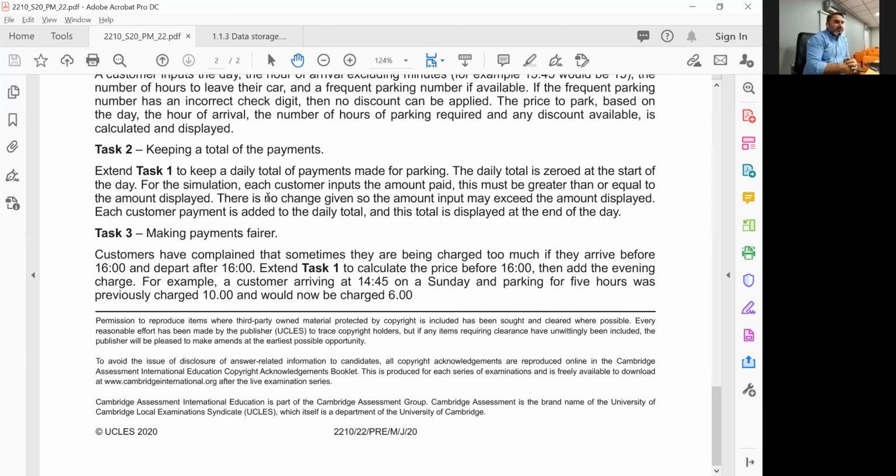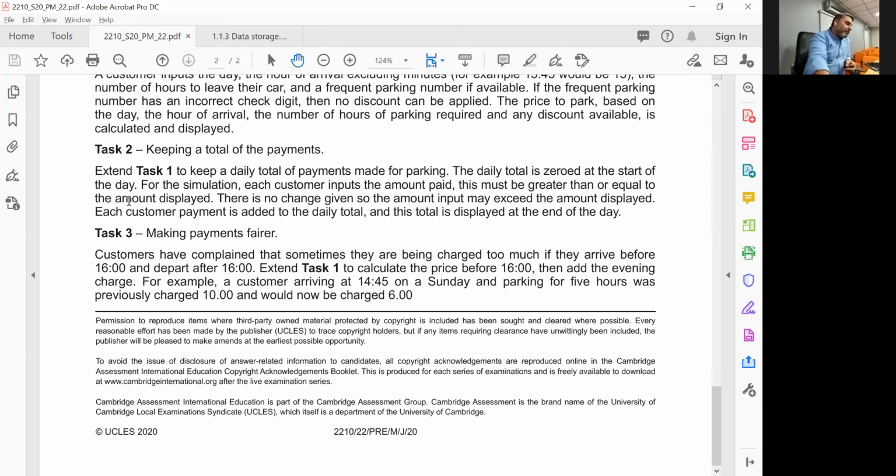So it's kind of a loop which actually will go on until you decide to end the day. And then a total of all the parkings, data entry, and calculated price will be shown. So let's see what it says. Extend task 1 to keep a daily total of payments made for the parking. The daily total is zeroed at the start of the day.